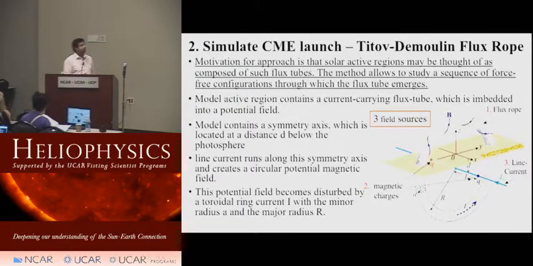And third, a line current. This fully describes how they create this flux rope, and the further details go into describing exactly how they set it up.